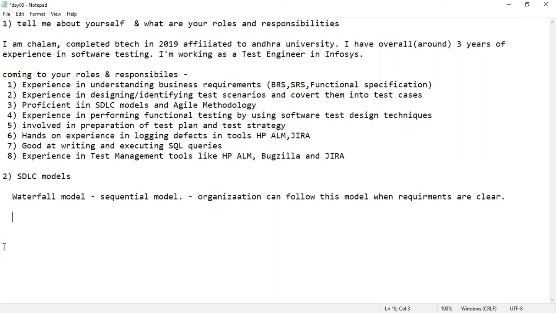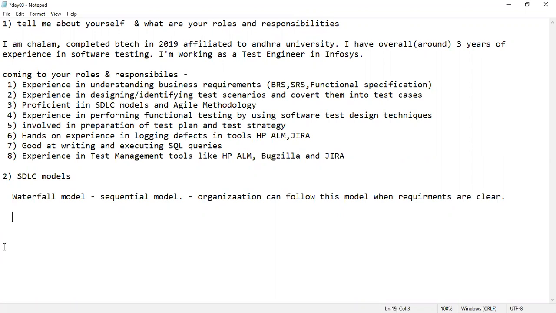Once HCL got that project, the CEO or top level management will appoint a project manager for that project to take care of all the activities.